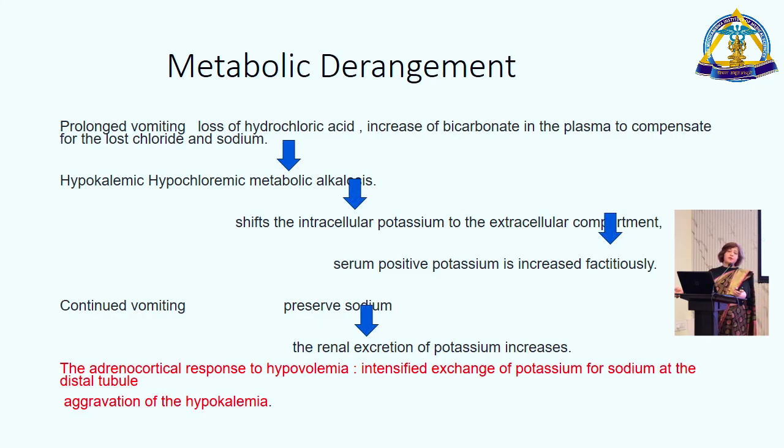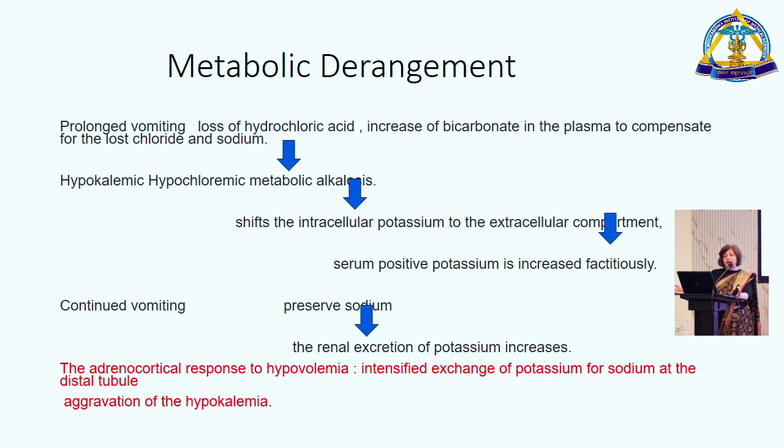So what are these metabolic reactions that we are talking about? When there is prolonged vomiting, we have read about maintenance of internal body homeostasis in physiology. The body is going to compensate for whatever pathology is being caused by gastric outlet obstruction. When there is prolonged vomiting, there is loss of hydrochloric acid.